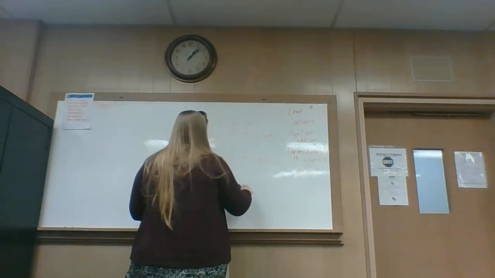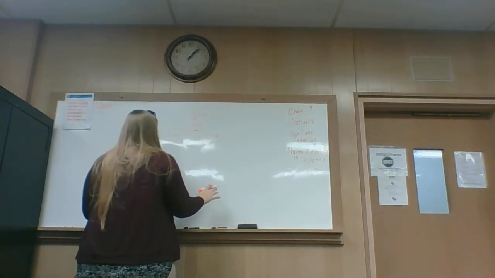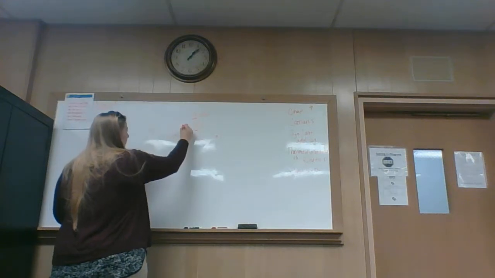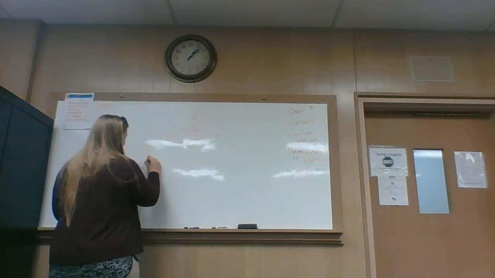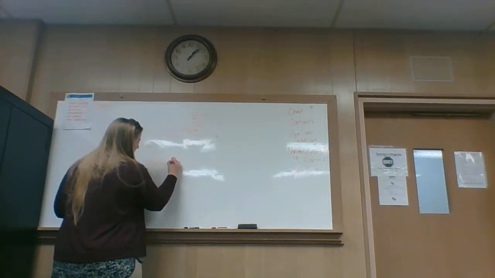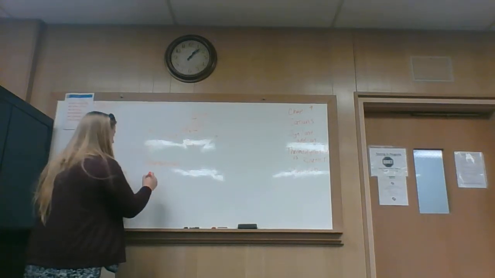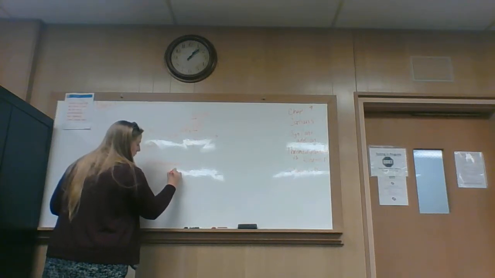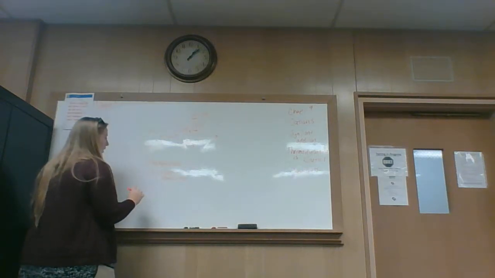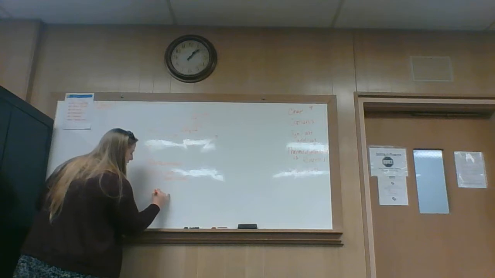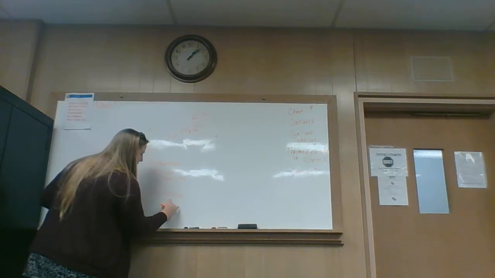As an example, for Markovnikov, the hydrogen is going to go to the least substituted carbon. Anti is just the opposite, so the most substituted.